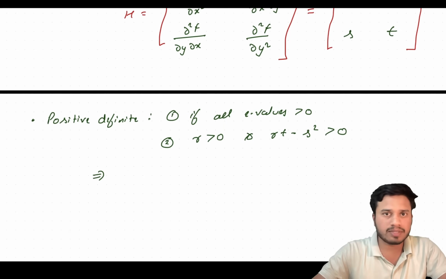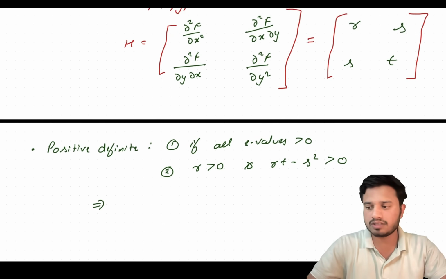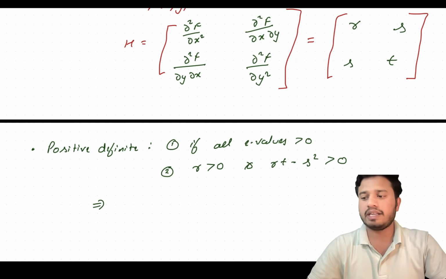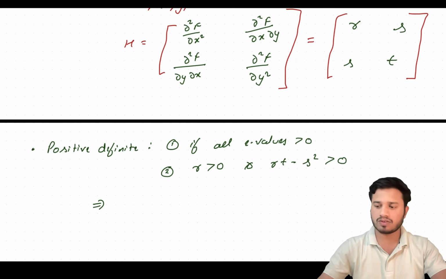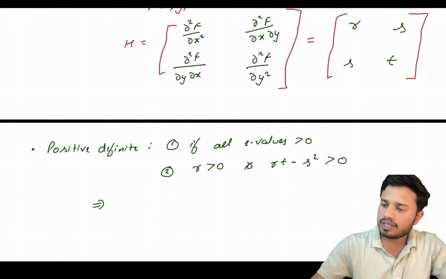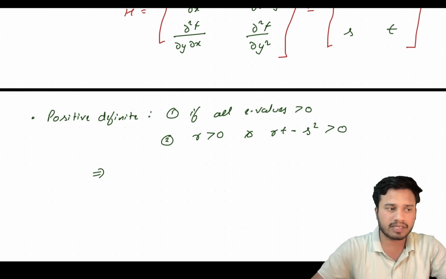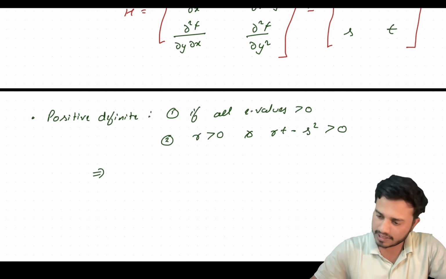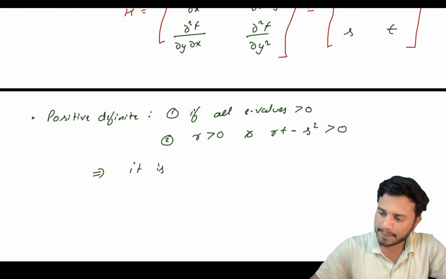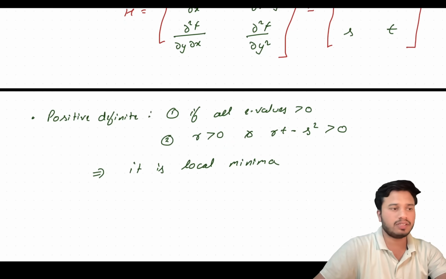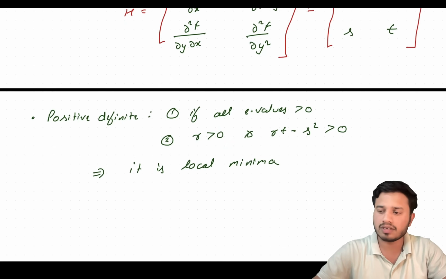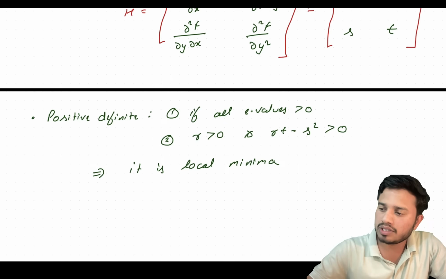So when you do this and it is a positive definite matrix, then it is the point of a local minimum. Most of the time, we will be using only this condition.